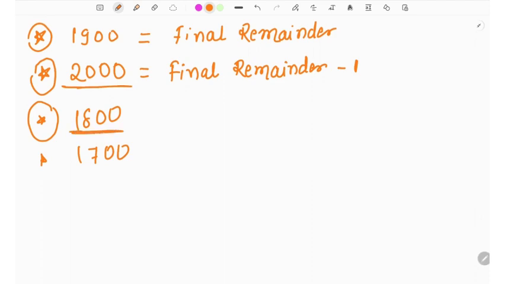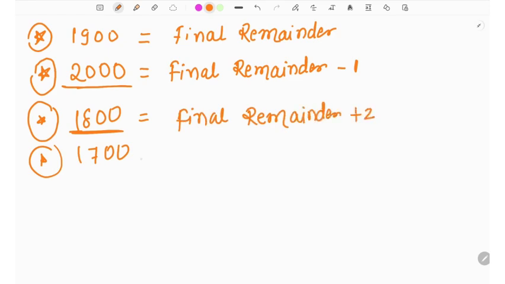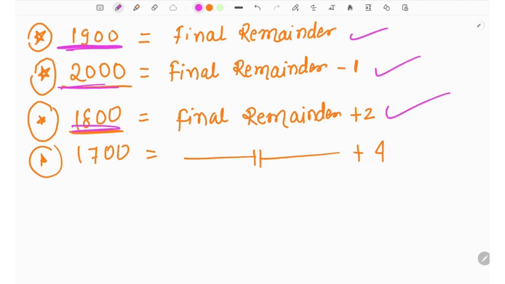If the year belongs to the 1800 century, do the final remainder plus 2, and then look at the code, and then look for the day. For the 1700 century, again final remainder plus 4. What is important for us over here? It is important to look at the 1900 century years, 2000 and 1800. These are the only 3 that can most probably be asked in your examination.